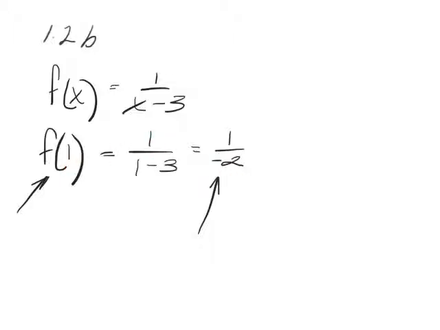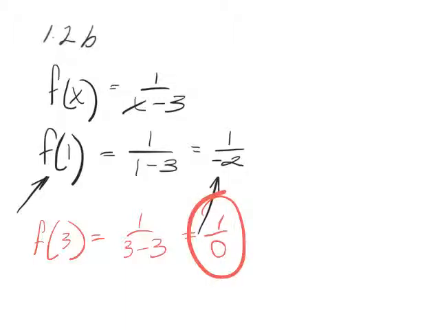If we look at the next example that we have there, I'll put that in red, that would be f of 3. That equals 1 over 3 minus 3, which is equal to 1 over 0. Now, that is not defined.